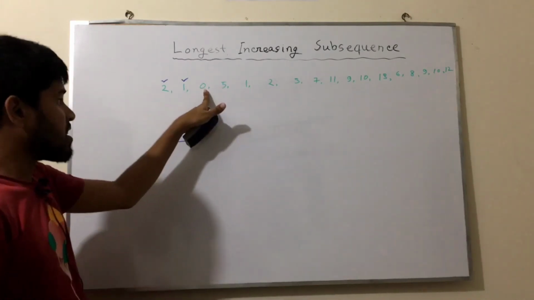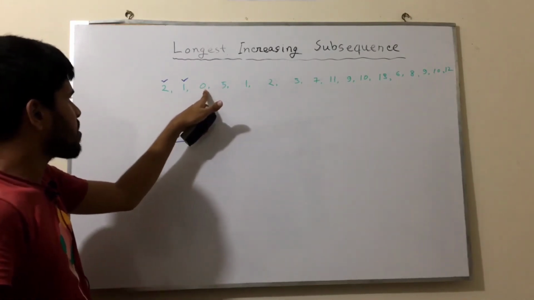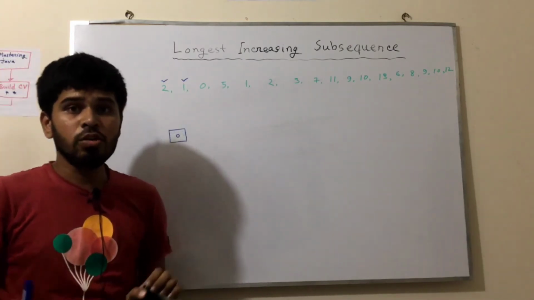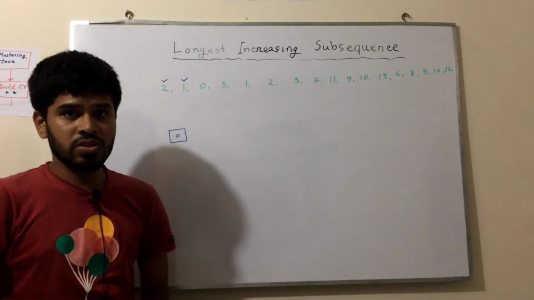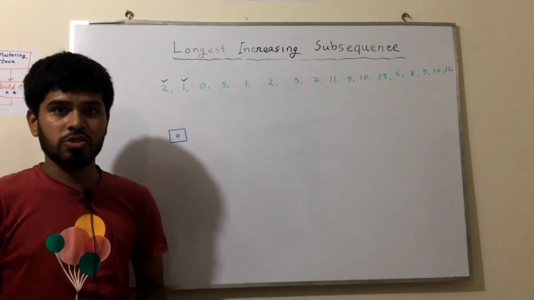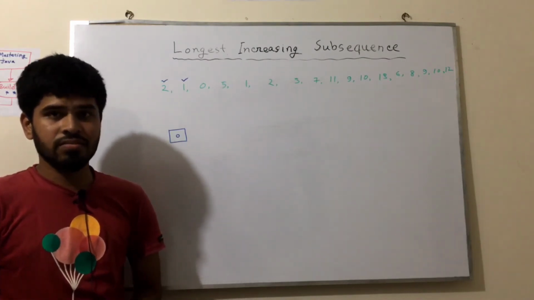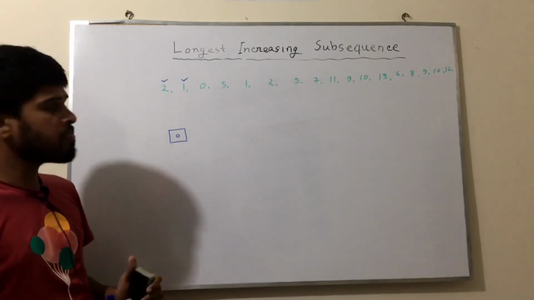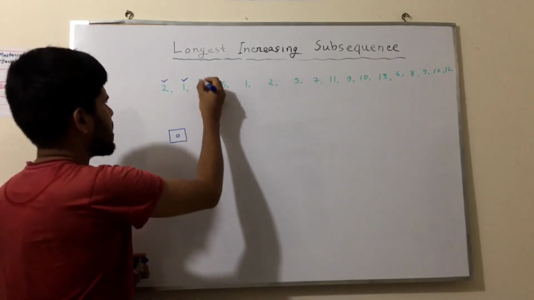If the value is greater than 0 but not greater than 2 and 1, then we might lose the length of the longest increasing subsequence, because we will keep tracking the length by the length of our list. Okay, so let's move to the next.